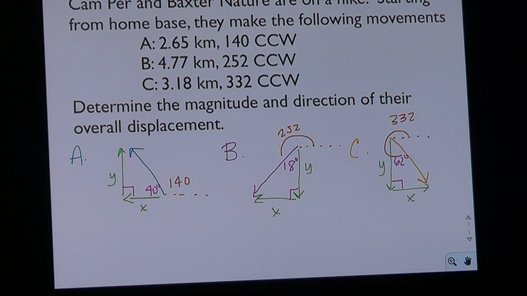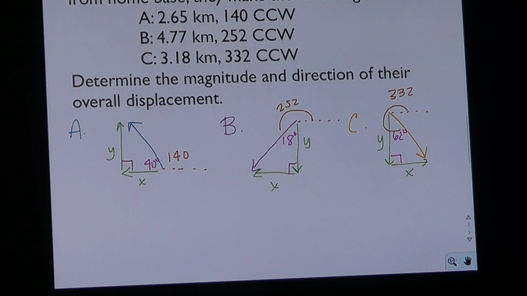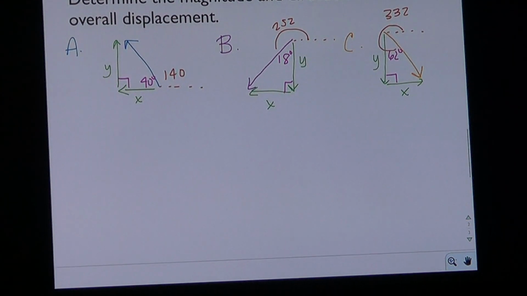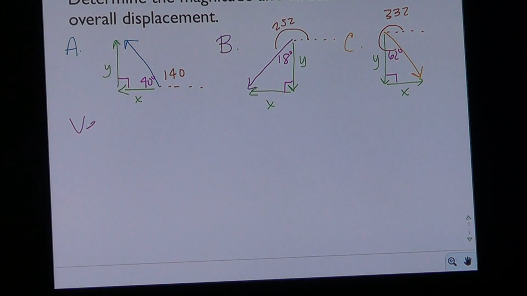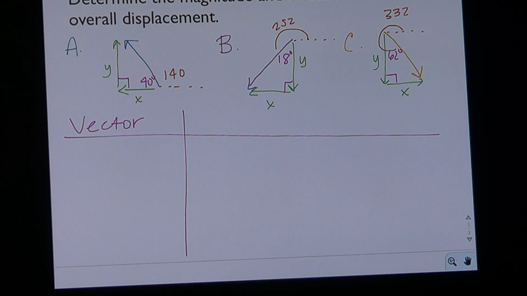Okay. And now, since this is a very complicated problem, I would maybe suggest a chart. So we're going to have our A vector, and then we're going to have the east and west component, or let's say the X components.